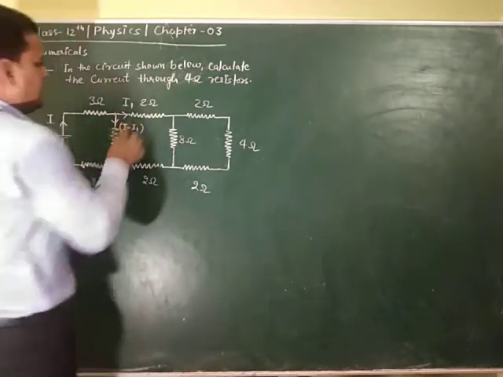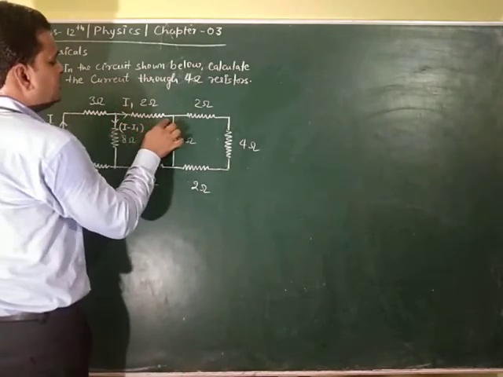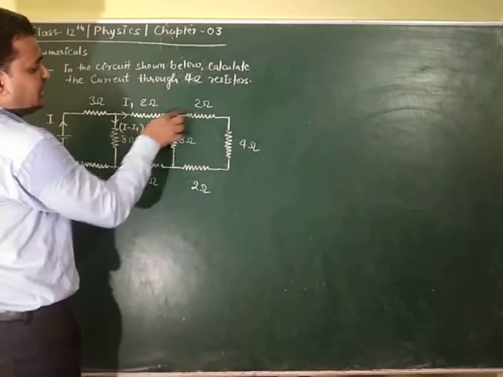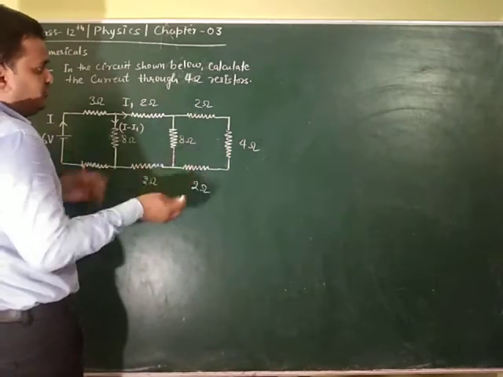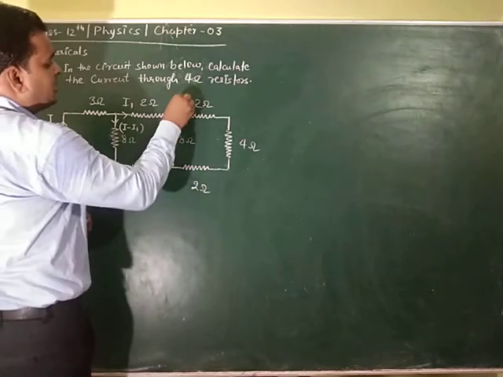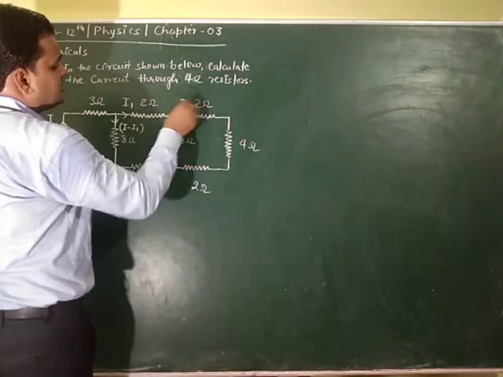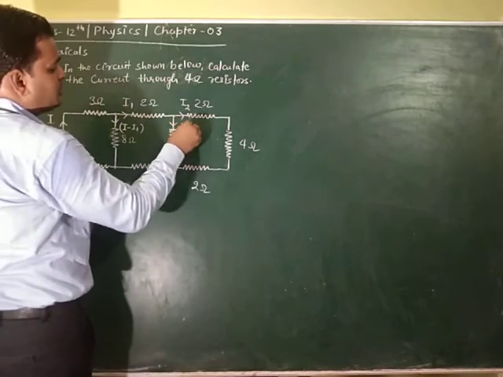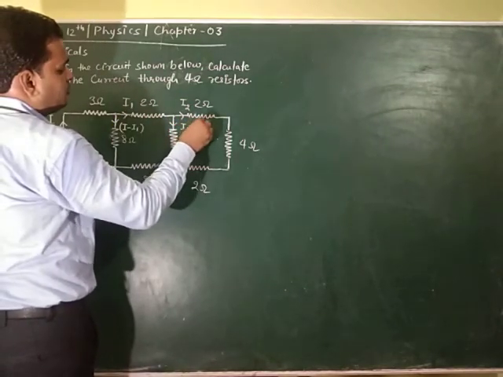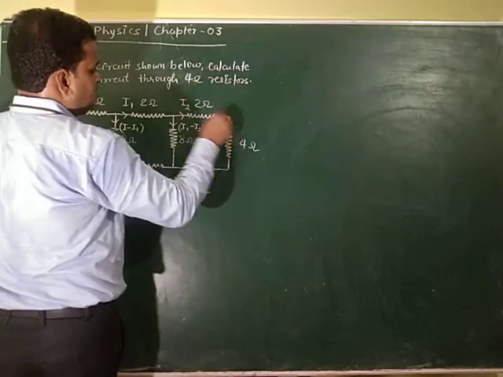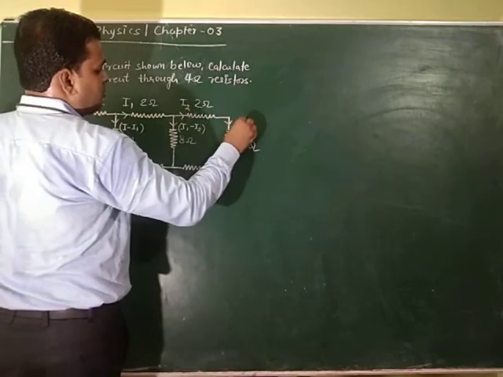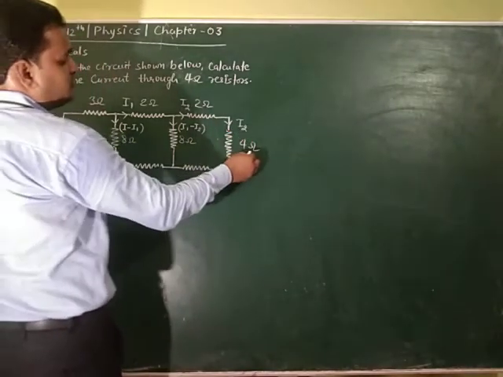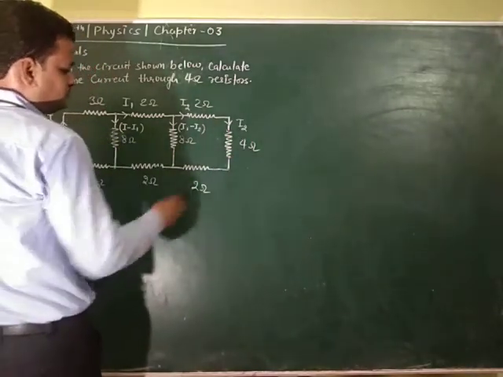Okay, and again this I1 reaches here, and when this I1 comes to this point, again there are two different ways. So again we have to mark: let this be I2 and this would be I1 minus I2 going downward. This I2 will come here also. So the I2 current is flowing in the 4 ohm.